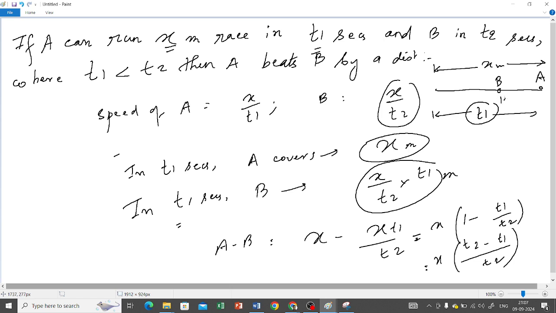I need to find out what this portion is, that is, in t1 time how much distance B covered. In t1 seconds A covers x meters; in t1 seconds B covers x by t2, the speed of B, into t1. Now just find the difference between the two. So x within bracket 1 minus t1 by t2, that is x into (t2 minus t1) by t2.